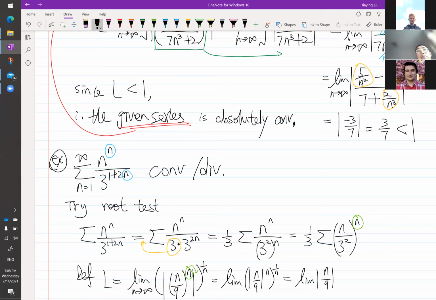Since n is always positive, I'm just going to drop the absolute value. It doesn't matter now because we're almost at the end, right? n goes to infinity, so we can just take the limit directly. If n goes to infinity, the numerator goes to infinity. The denominator is always 9. So this is just going to go to infinity.